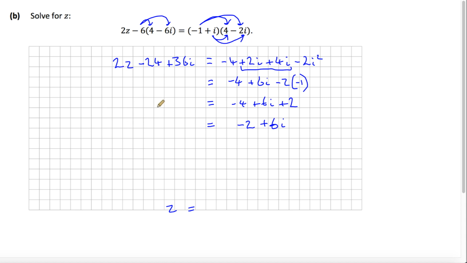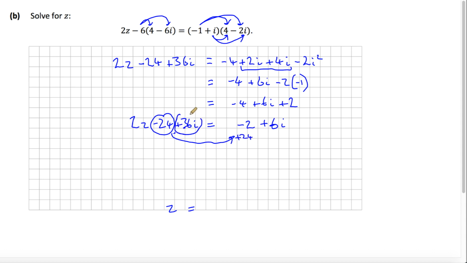So then over here, this can stay the same all the way down. So I suppose here you've got 2z minus 24 plus 36i. And you can bring this over here, it becomes plus 24.